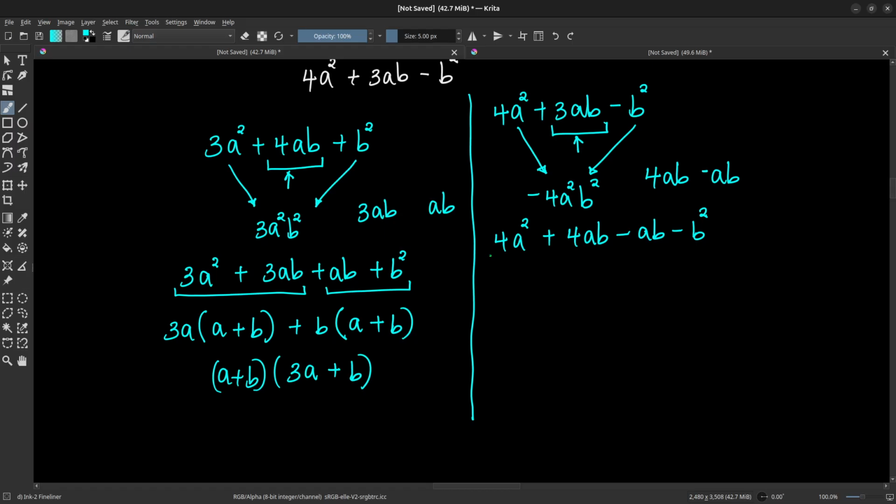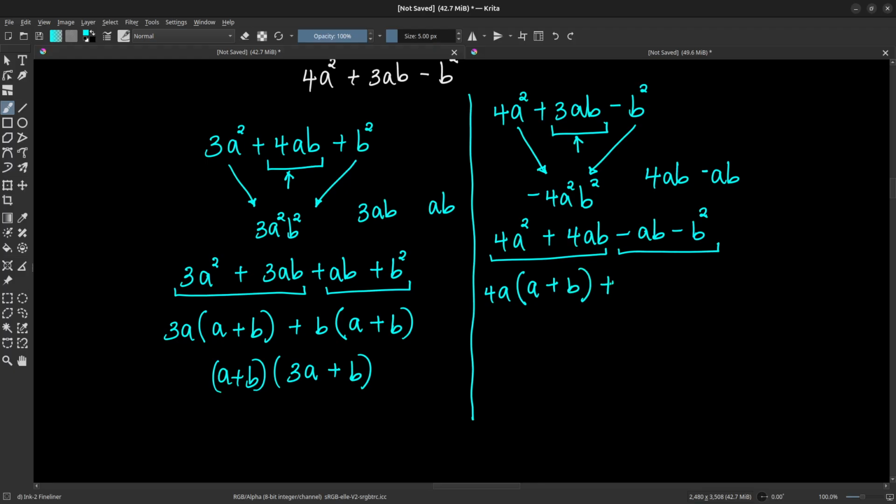The first pair is this, and the second pair is this. On the first pair, the common term is 4a. So we factor out 4a. 4a squared divided by 4a leaves us with a, and then plus 4ab divided by 4a leaves us with b.